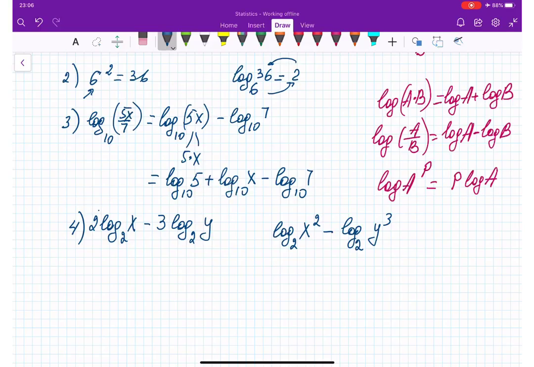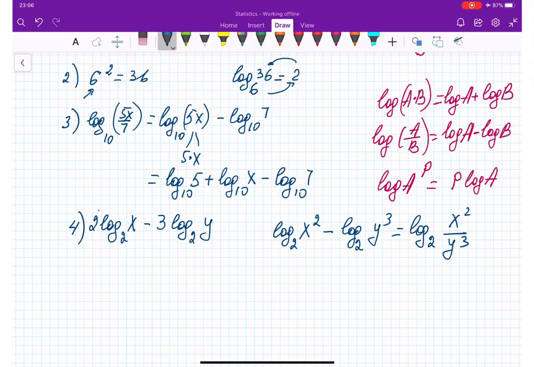So from here, we have a subtraction of logarithms, which means we can convert into division, right? So from here, we will get logarithm at the base 2 of x squared over y cubed, right?